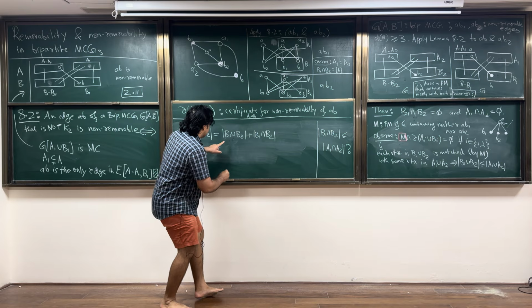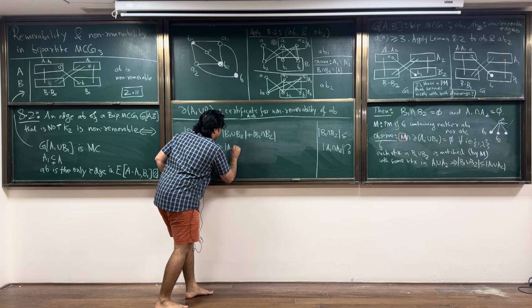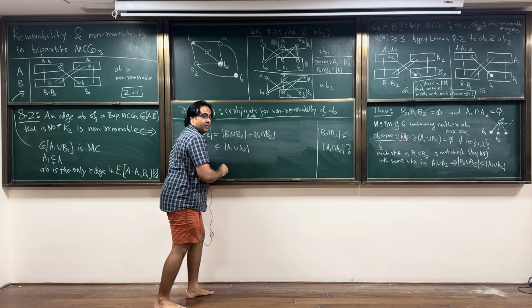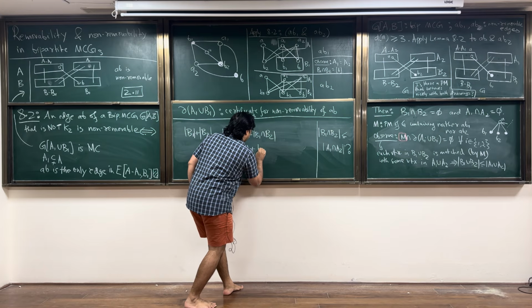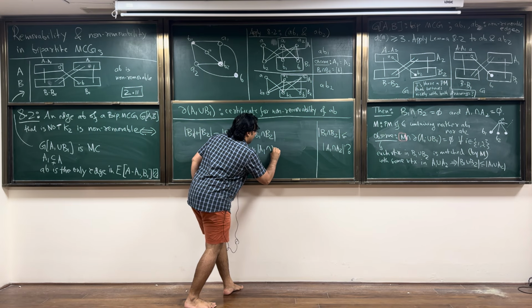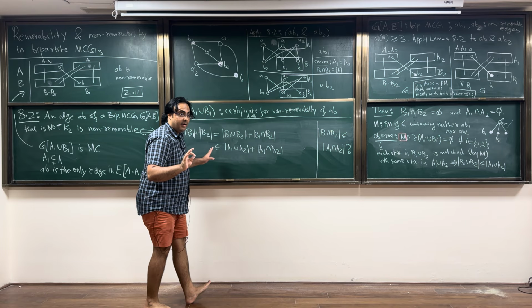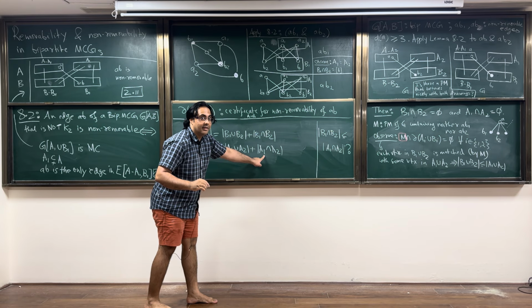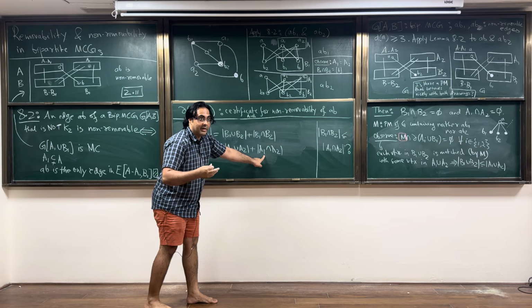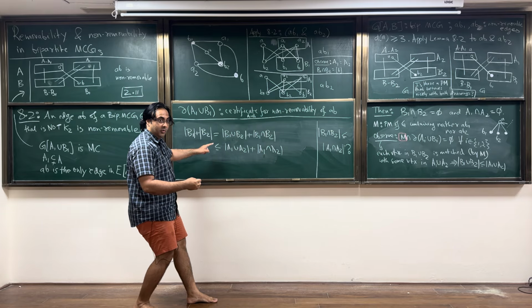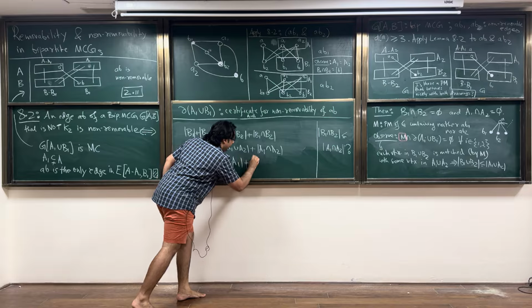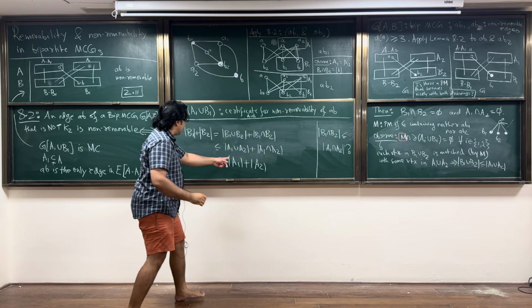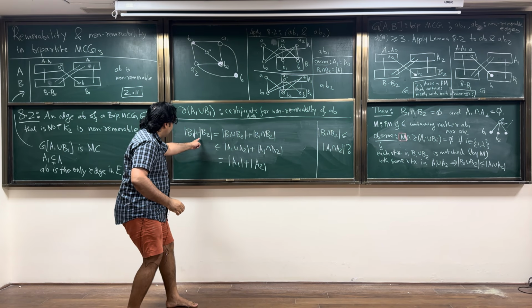Then I can say that this is less than or equal to A1 union A2 plus, because I am assuming this is true, this, which is simply cardinality of A1 plus cardinality of A2. But what does that mean?